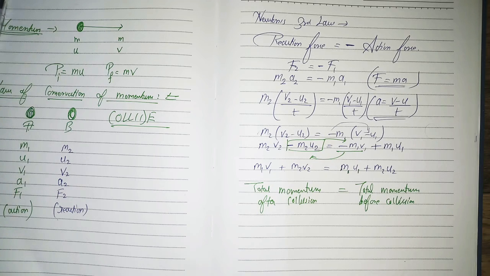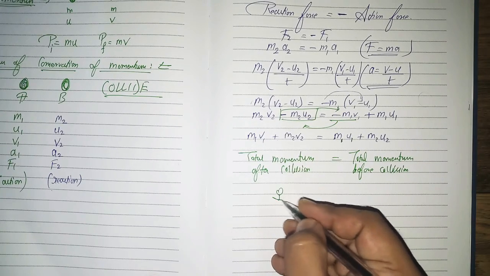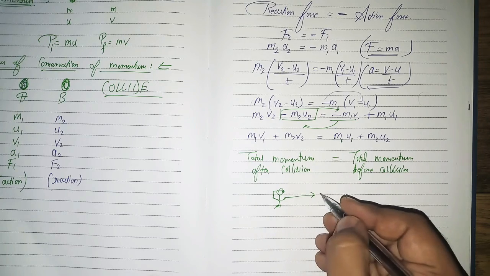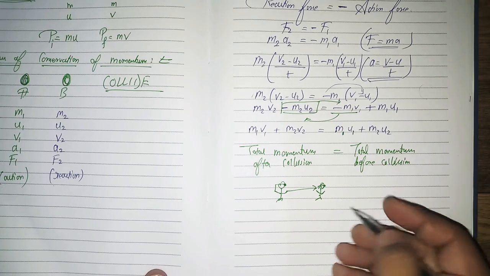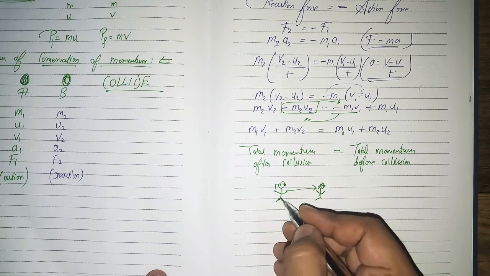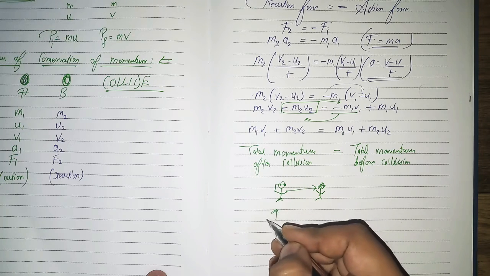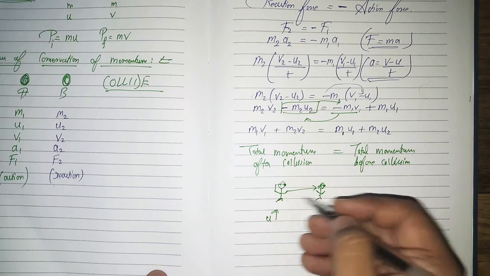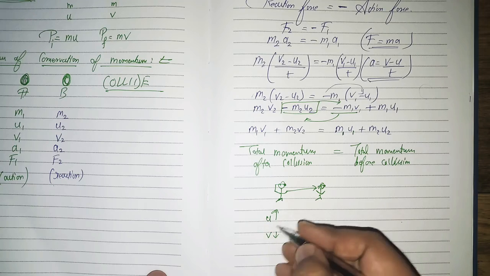Okay, for example, suppose there's a kid, and he pushes another kid. So if this fellow has some velocity here, high velocity, initial velocity, after getting banged to this other kid, its final velocity will be decreased.